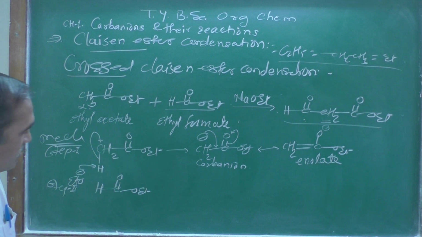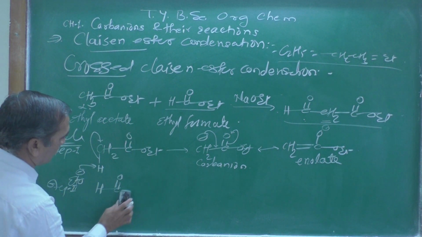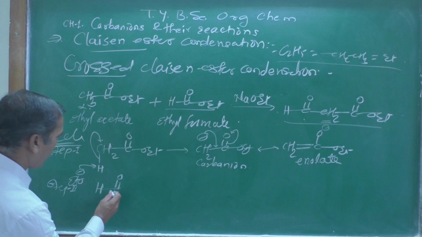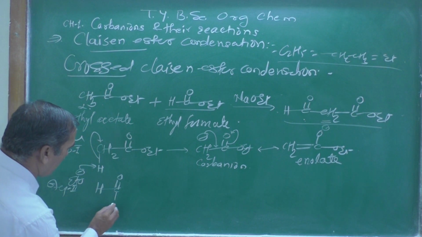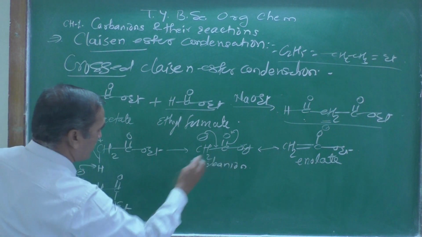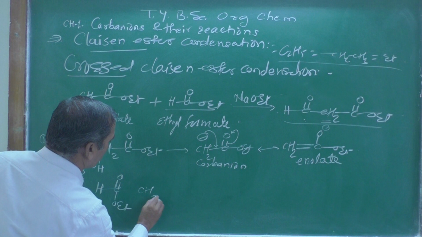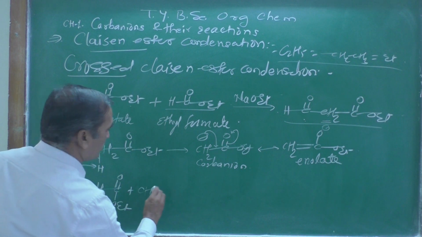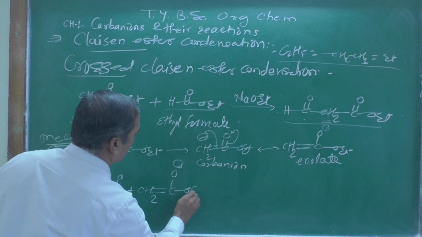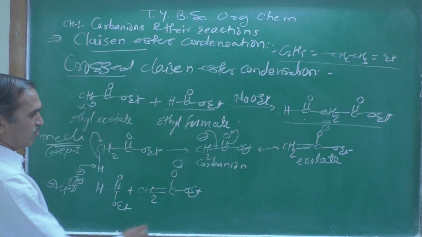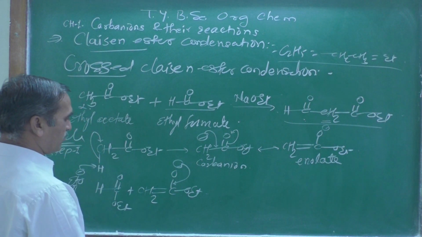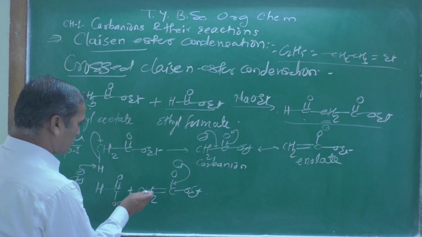For the sake of convenience, and to show the clarity of the mechanism, I am showing the molecule like this, then that enolate CH2 here plus, then double bond C O minus, then OEt. Now what is happening here? The negative charge comes down, forming a double bond between this carbon atom and the oxygen atom.